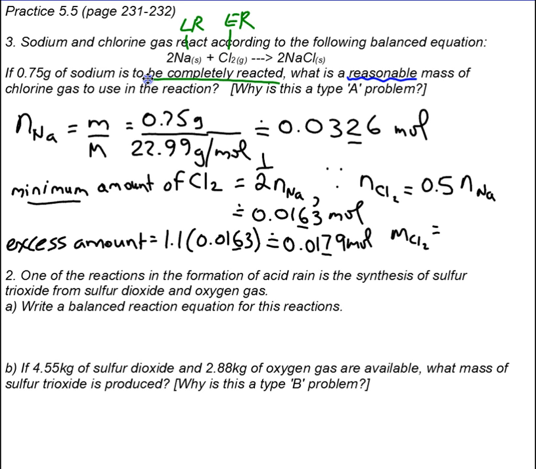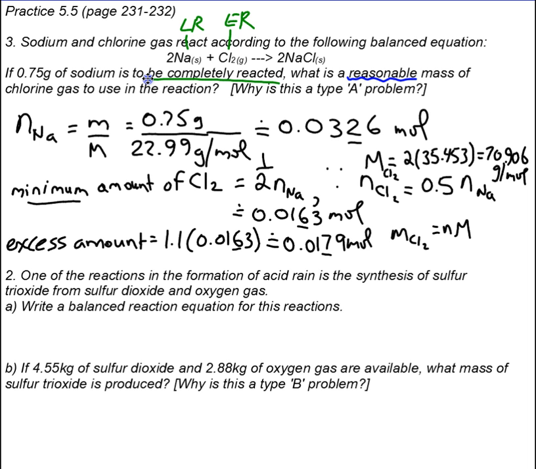which in this case is number of moles times molar mass. The molar mass of chlorine gas, Cl2, is 2 times 35.453, which is 70.906 grams per mole.